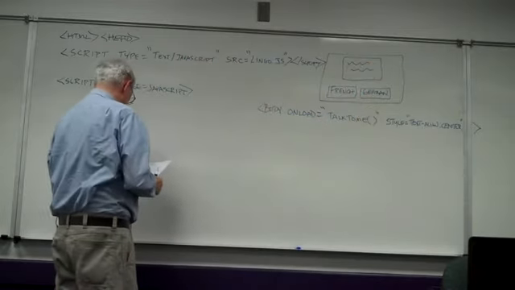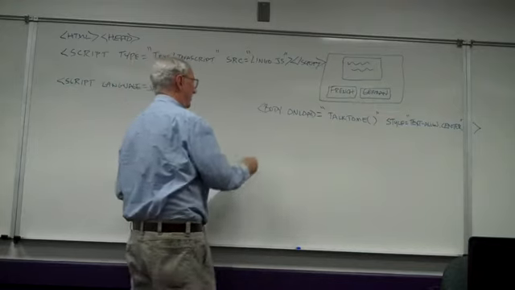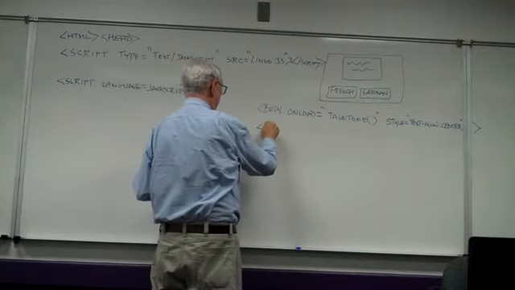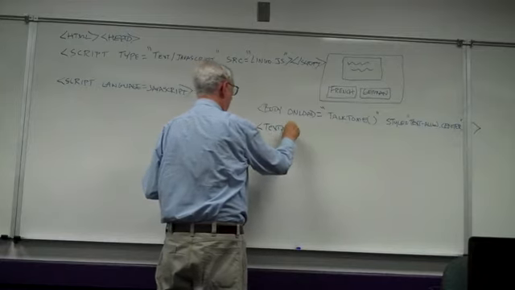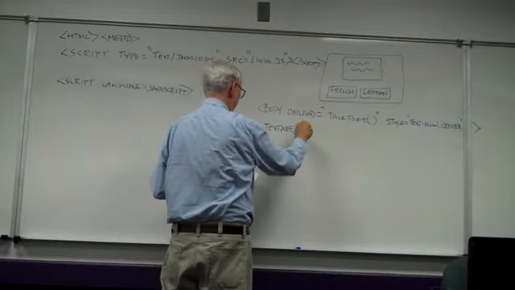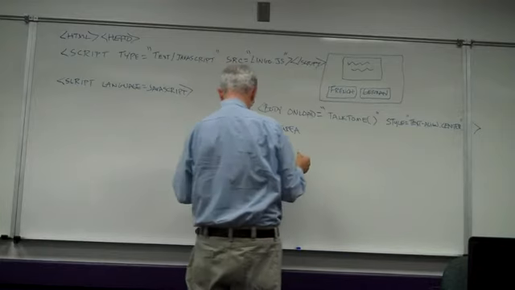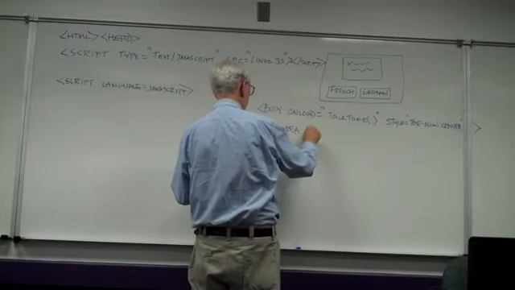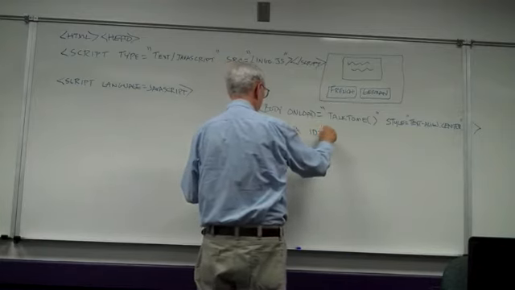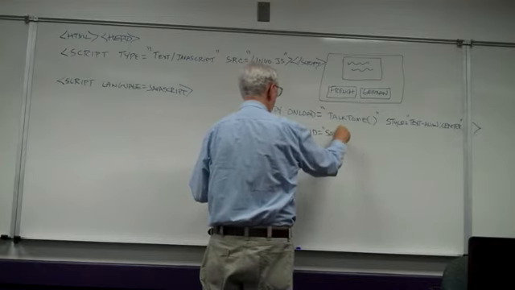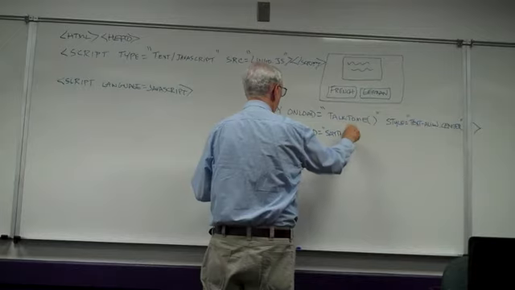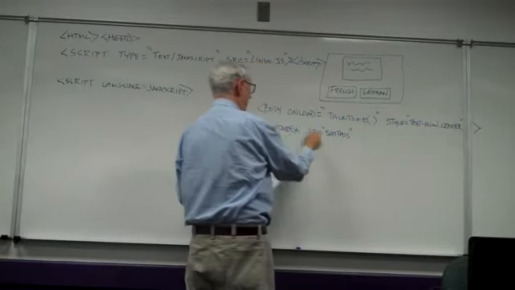Next thing I want to do is I want to put a text area here. That looks like this. I'm going to read it because if I forget even one thing, you guys will be in trouble. That's the name of the text area.